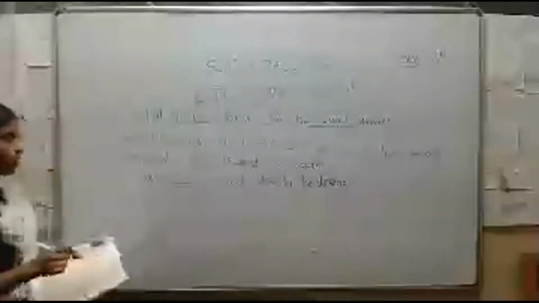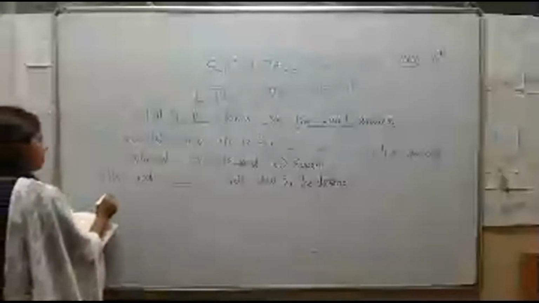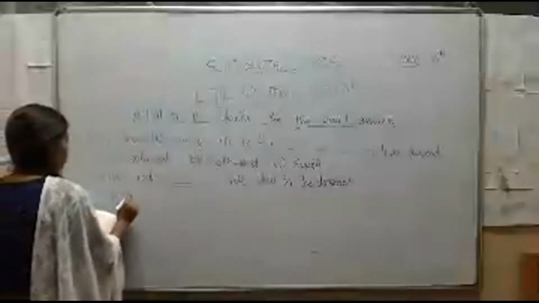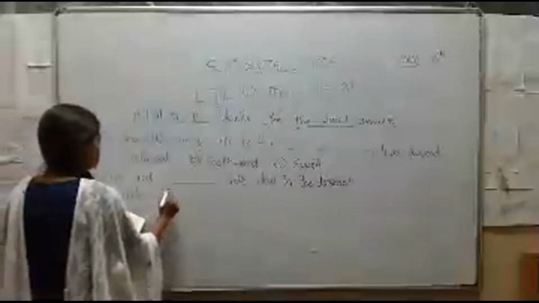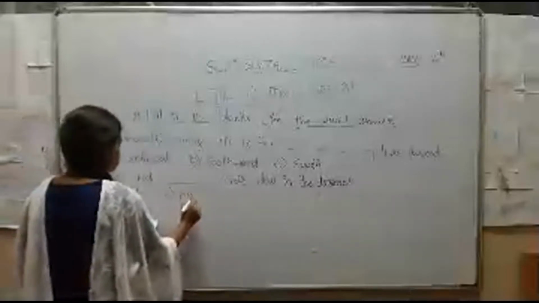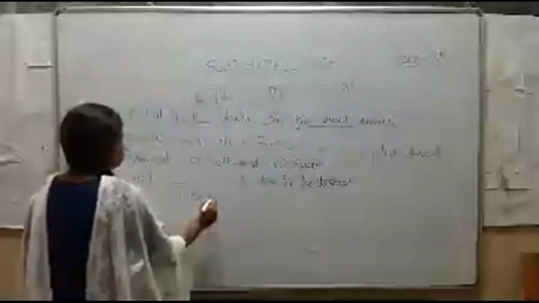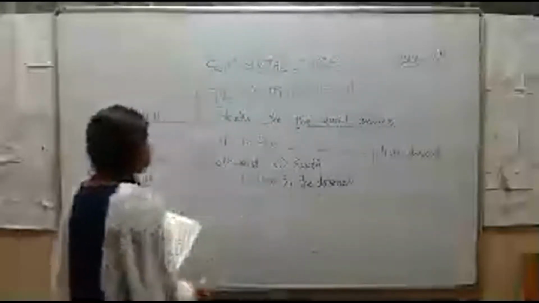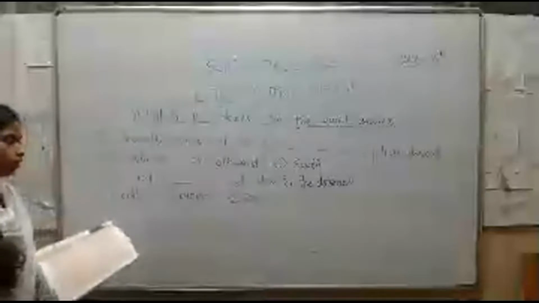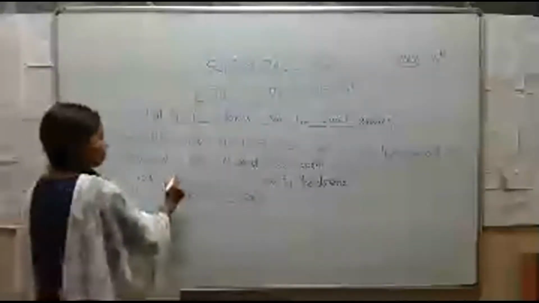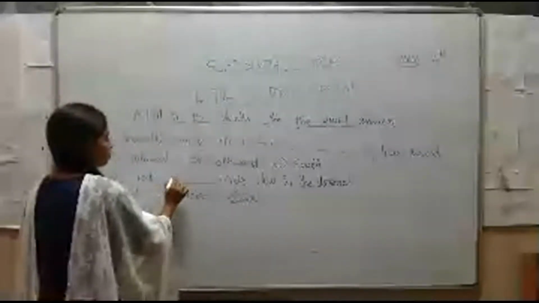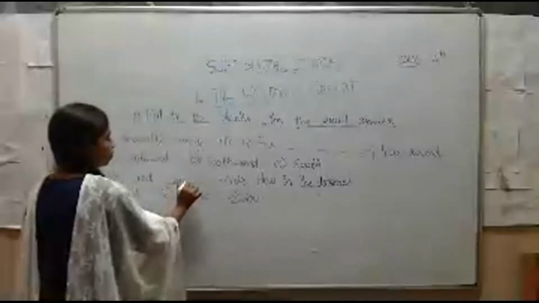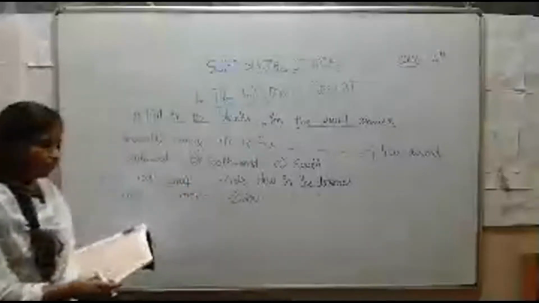Option A, cold. Option B, moist. Option C, dry. Which is the right answer? C is the right answer. Hot and dry winds blow in the desert.